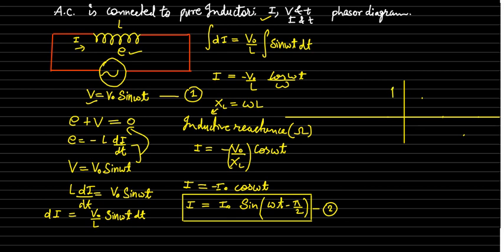I am not again explaining because the voltage and omega t graph will be the same, so I am just plotting it.